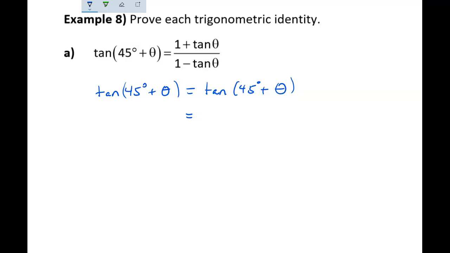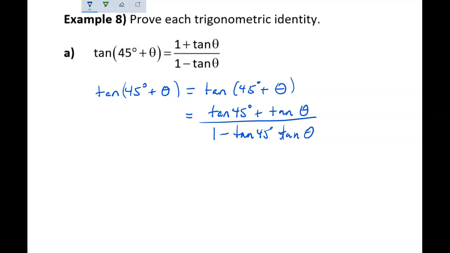Well, since we have an angle sum here, we could rewrite using the angle sum identity. So we could rewrite it as tangent of A plus tangent of B over 1 minus tangent of A tangent of B. And what's left to do now is to re-express the value for tangent 45.